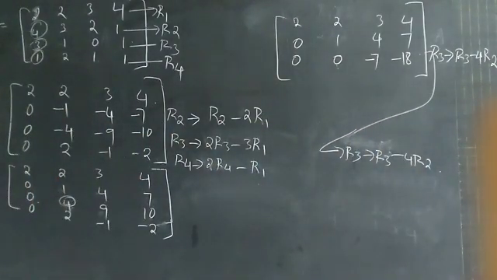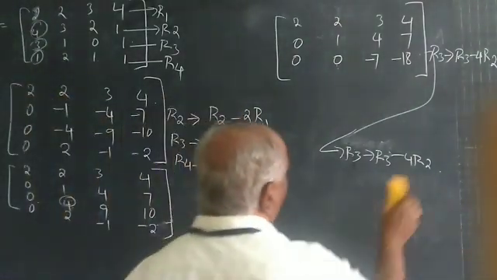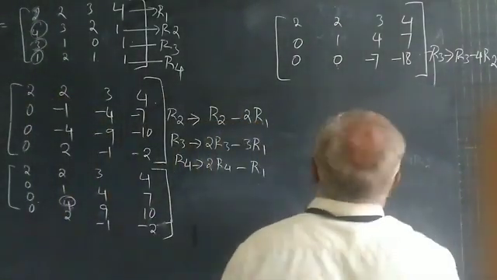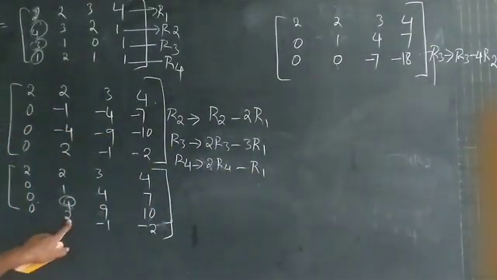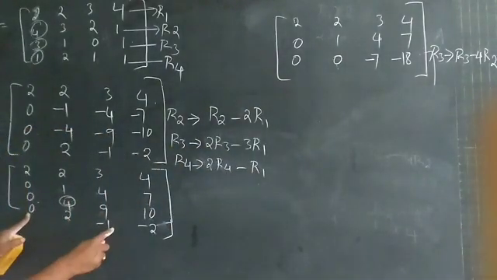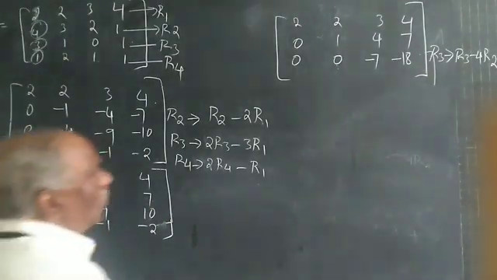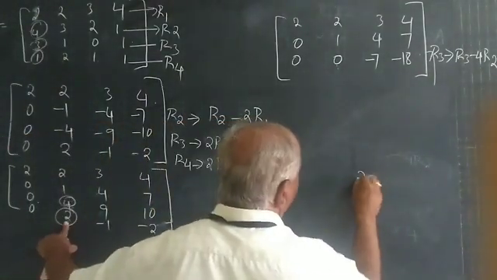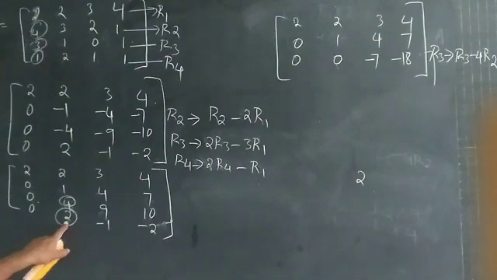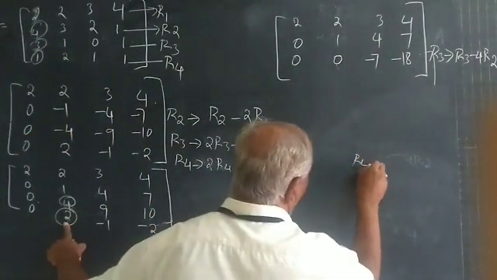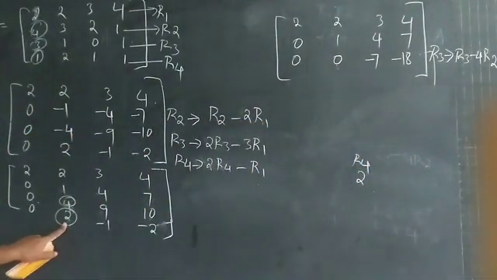I am just seeing whether it is visible for you or not. That's all. Right. So now, coming to the fourth row, the fourth row's first 3 elements should be 0. Now let us reduce this 2 to 0. Here, observe, I want to reduce this 2 to 0, so I am circling this 2. This 2 is in R4.